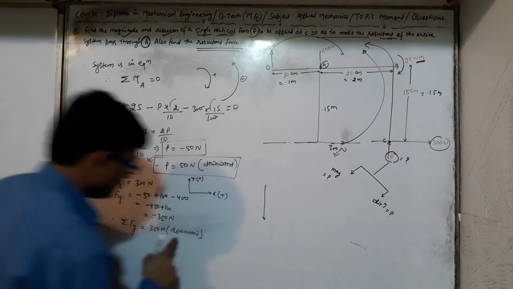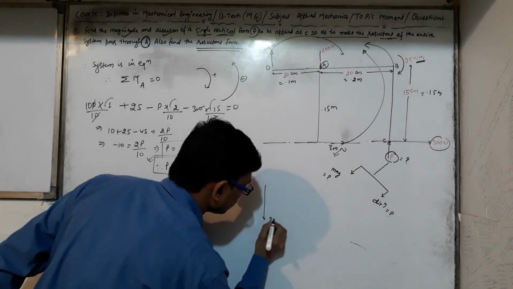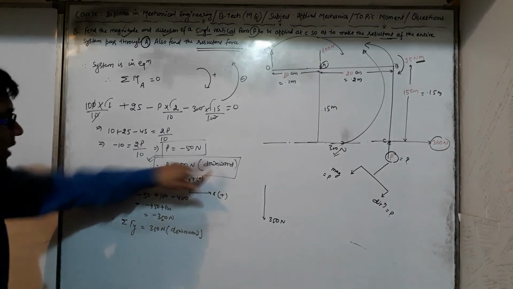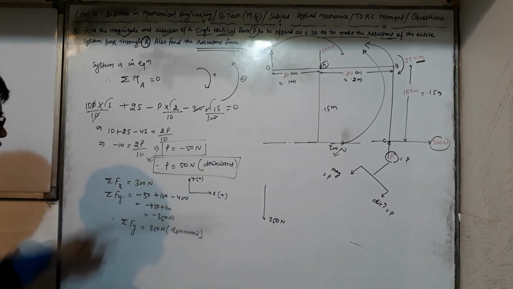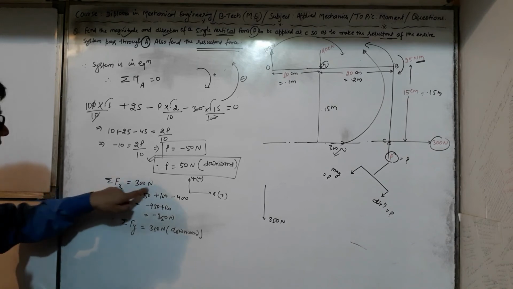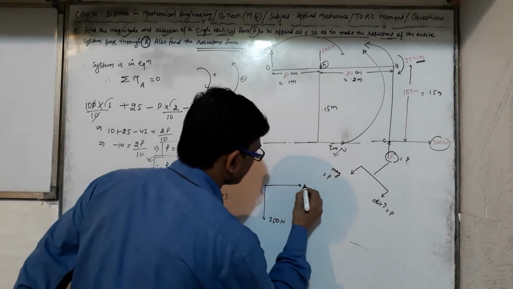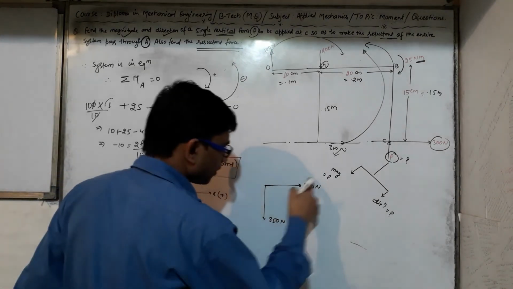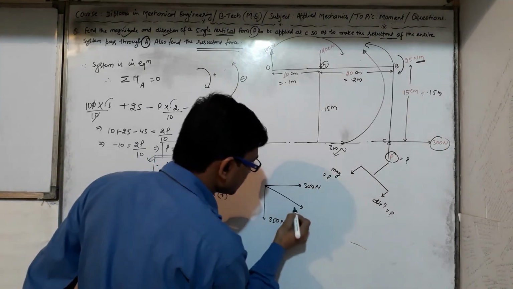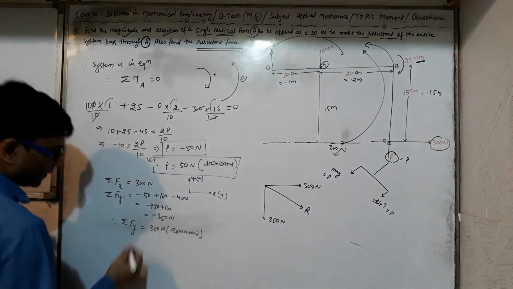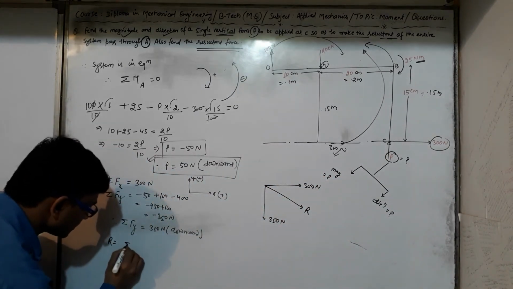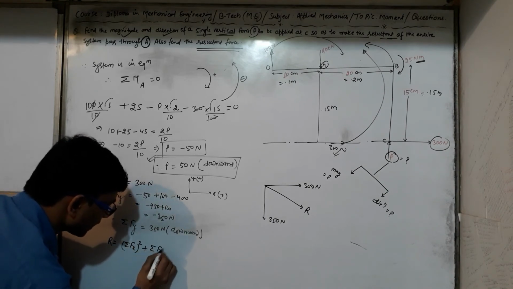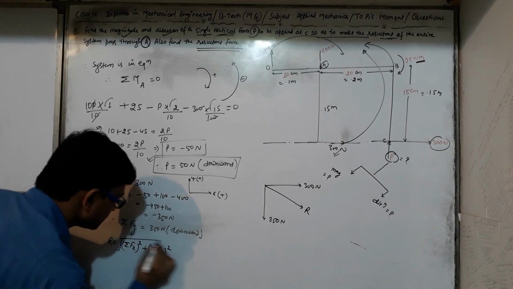Okay, now here we have 350 Newton along the y-axis in the downward direction, and the summation along the x-axis is 300 Newton. So overall its resultant would be R. So R is the square root of summation of Fx squared plus summation of Fy squared.